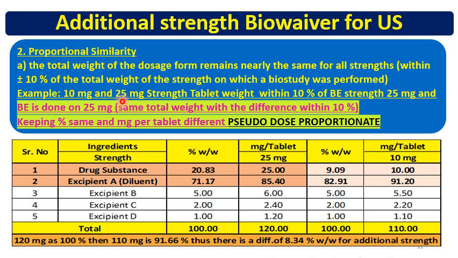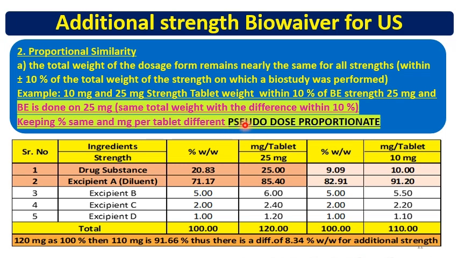The example I have taken is a formulation with strengths of 10 mg and 25 mg, and tablet weight is within 10% of the B strength, that is 25 mg, and B is done on 25 mg. Same total weight with difference within 10% is taken for 10 mg strength, which is an additional strength for bio-waiver.